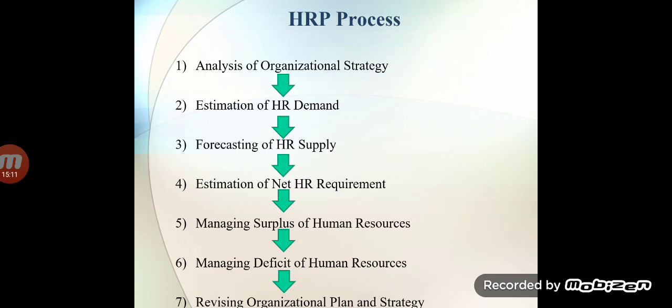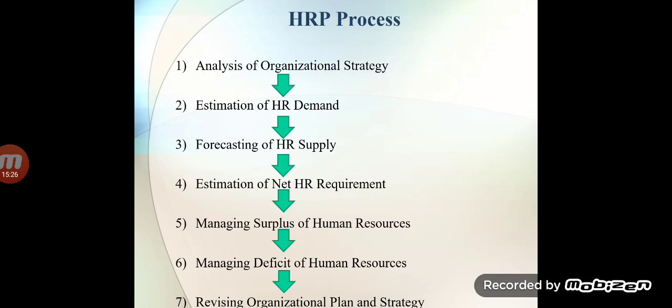Second point is estimation of human resource demand. Ultimately we can say that the first point is the one through which we get the idea about the techniques, about the work, and how we are performing in the organization.